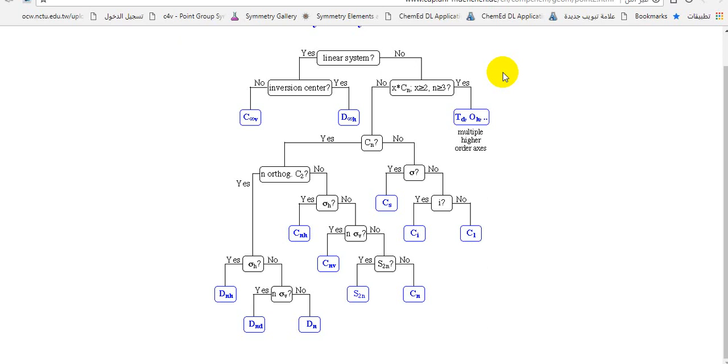When the answer is no, go this way. Has Cn? No. Has sigma? No. Has inversion? Yes: Ci. No: C1. Or when you have sigma, the point group is Cs. When the answer is yes, you can take this picture or take it from the net. This is available. Okay, thank you.